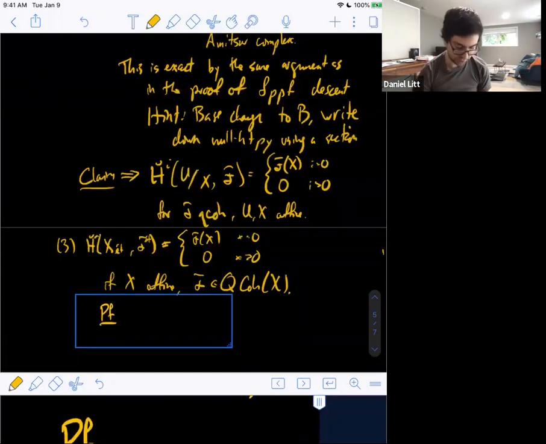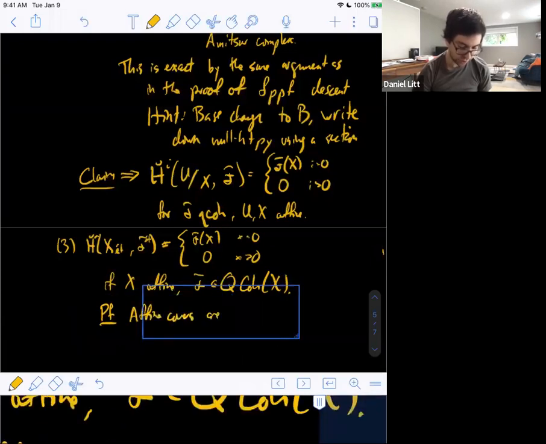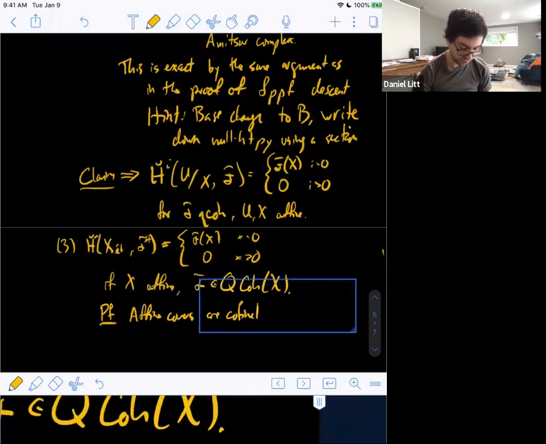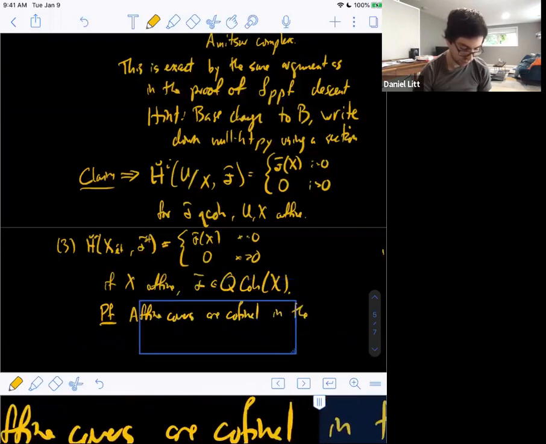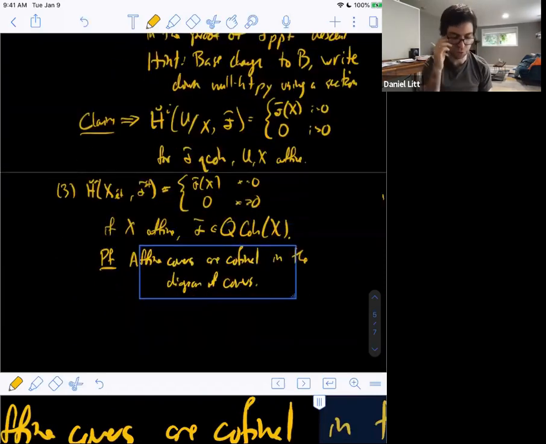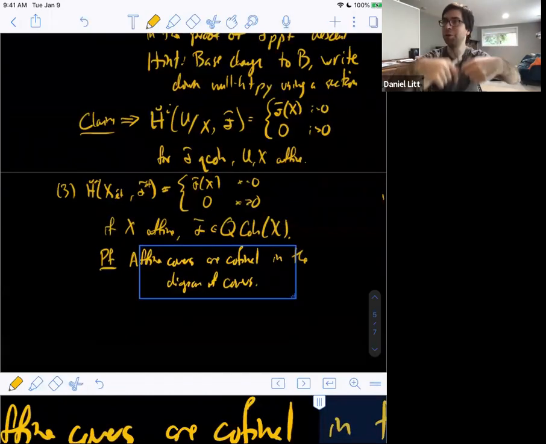So the proof is that affine covers are cofinal in the diagram of covers. That's right, Sophia. We're taking a direct limit, but every time we have something non-zero in the Čech cohomology of some cover, we can just kill it by refining to an affine cover. That's another way of saying that.